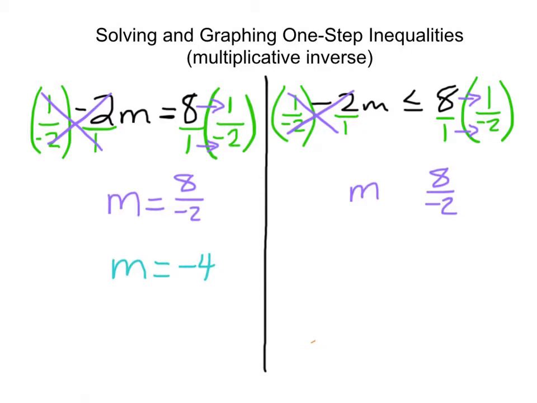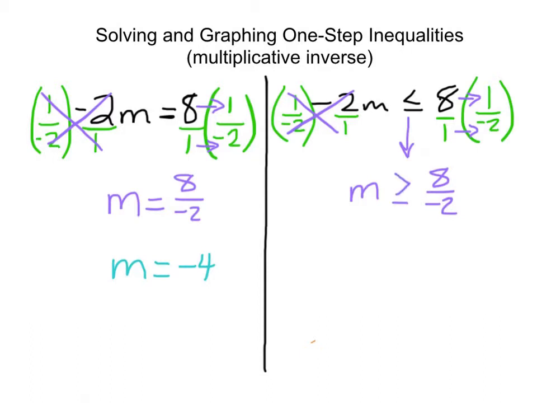One of the rules that we need to know is that when we multiply both sides of an inequality by a negative value, in this case -1 over 2, or 1 over -2, when we rewrite the inequality symbol, we change the direction of the inequality.